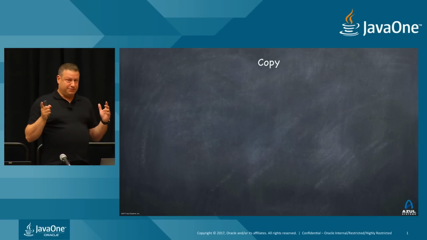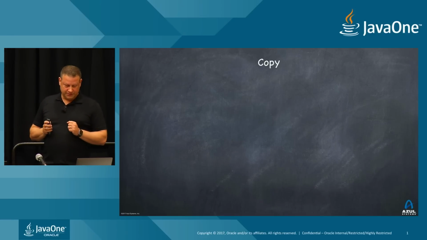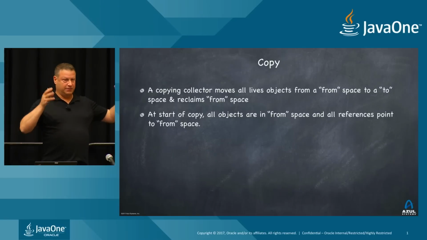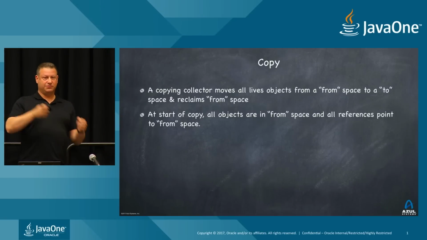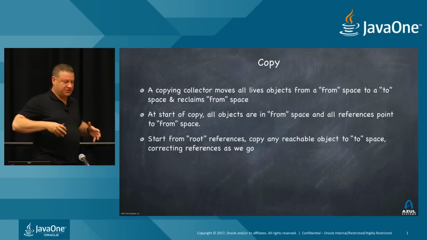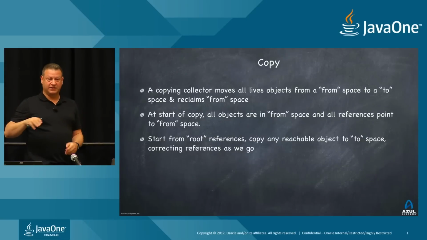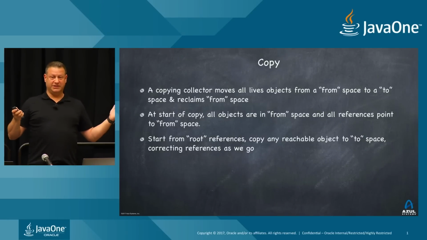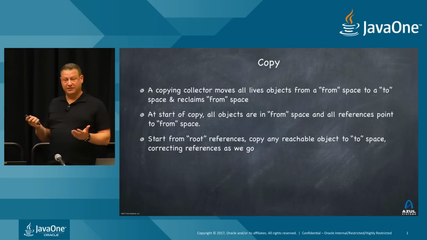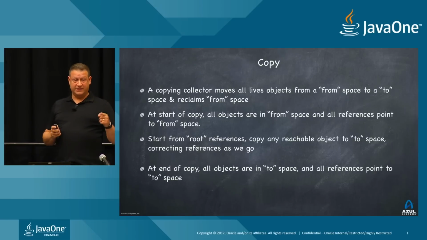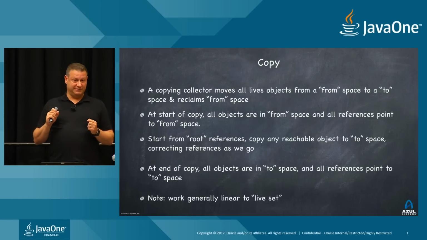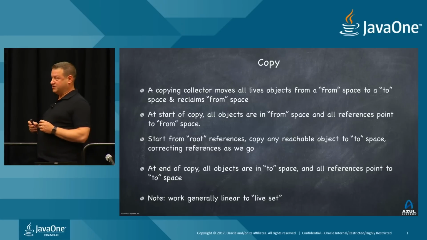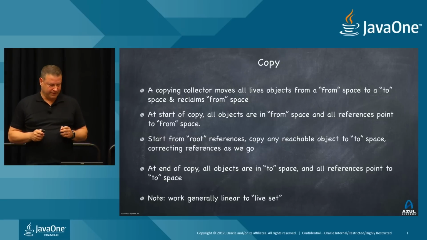Okay, the other type of collector I talked about, a copy collector. This one takes objects from a from space and moves them to a to space, starting from the roots, moving everything it can find, puts it in a to space, and at the end we have an empty from space. It's actually very effective, very efficient. It's a single pass, linear only to the live set, and is actually a very commonly used collection mechanism.